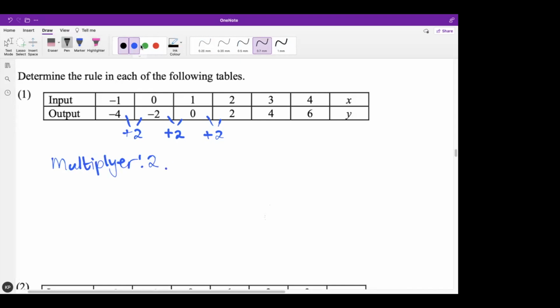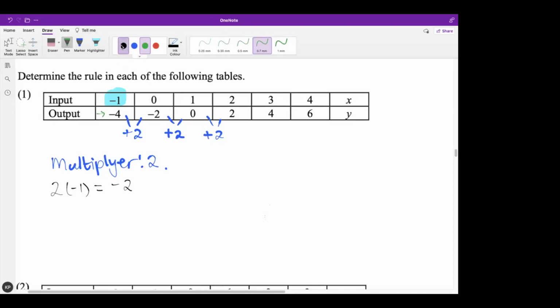Okay, so let's do the first one. We're going to say 2 times -1. What is 2 times -1 going to give me? Because -1 is my first input, that's the one I'm going to work with. So 2 times -1 is -2. Is that the desired outcome here? If you look at my output, my desired outcome is -4.